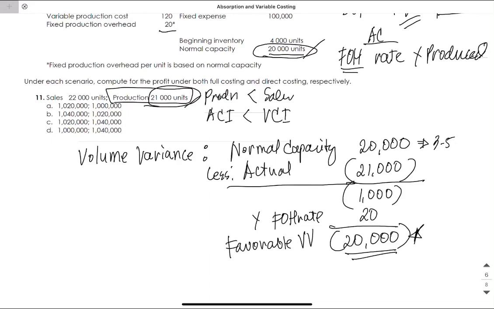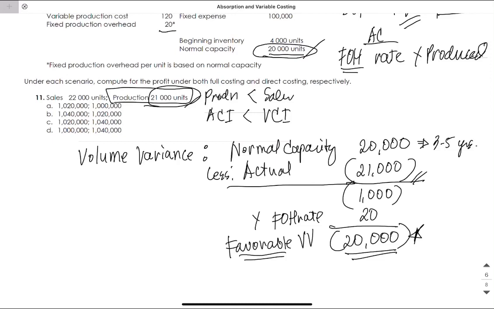But during the current year, we were able to produce 21,000. So we have exceeded our capacity. Isn't it favorable? We were actually able to produce a greater number of units than what we normally produce in 3 to 5 years of time. So that makes it favorable.